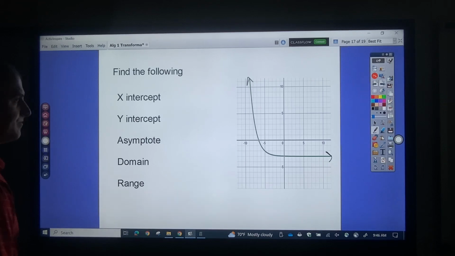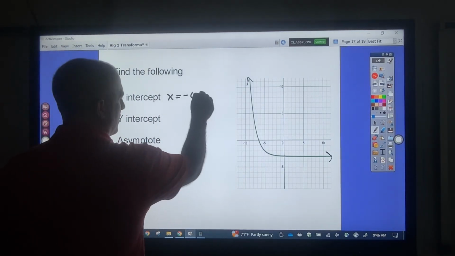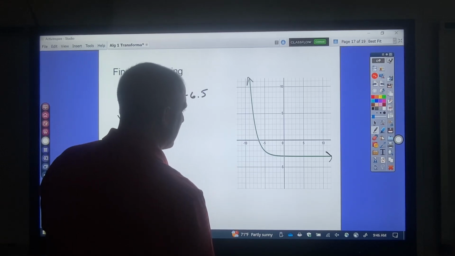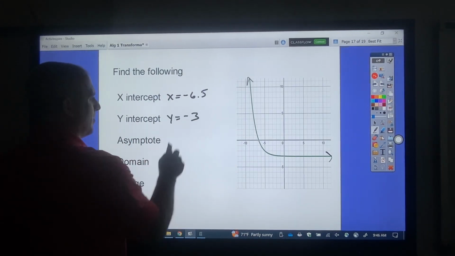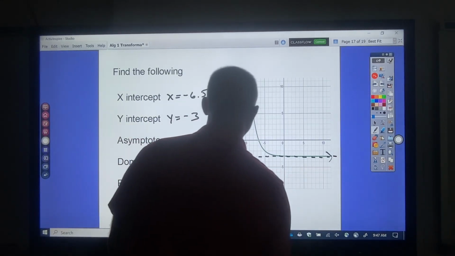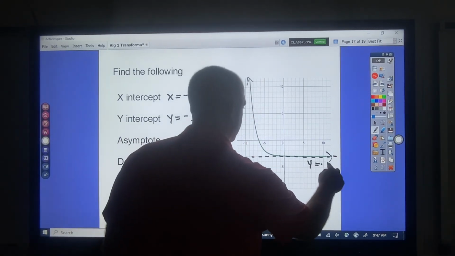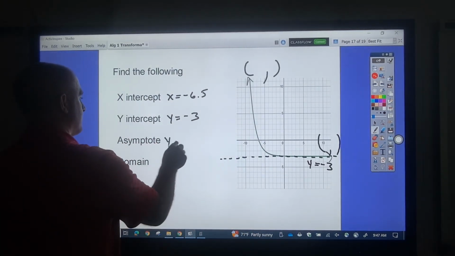Okay? All right? So that crosses, let's say, at negative 6.5. That's a good estimate. That's like y equals 3. We'll go ahead and say that. Or negative 3. We can go ahead and say that. All right? So I'm going to go ahead and do this. Okay, so that asymptote's at y equals negative 3. Okay.